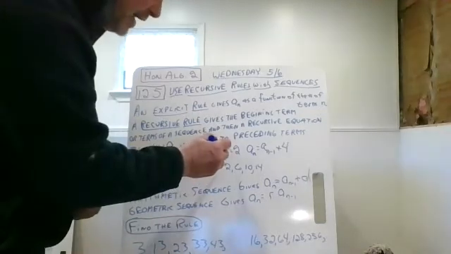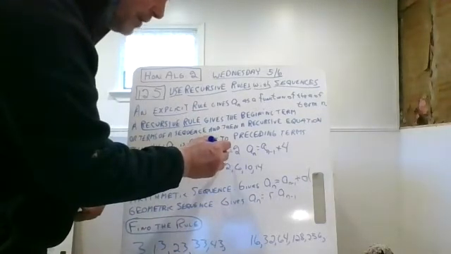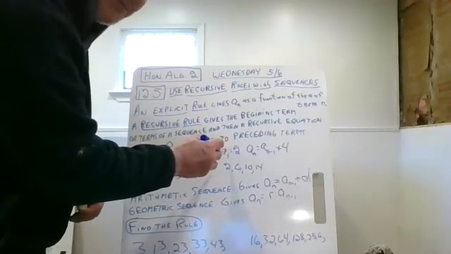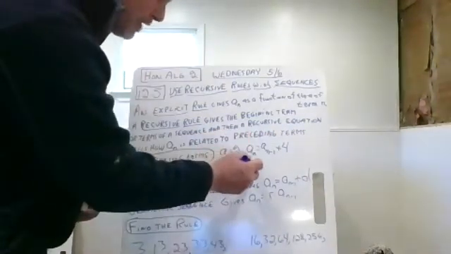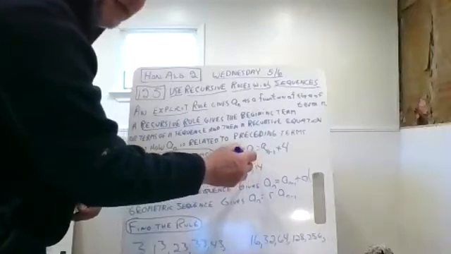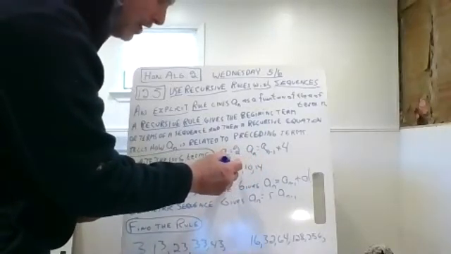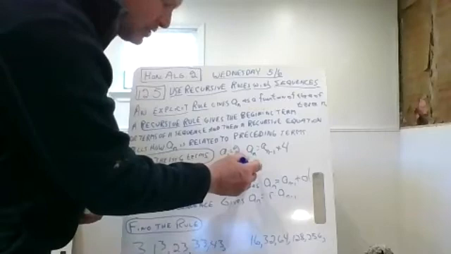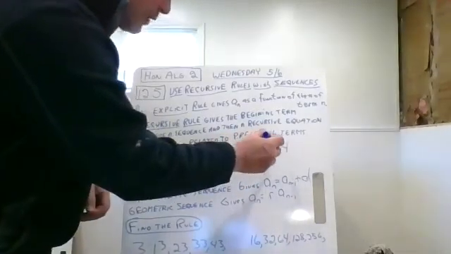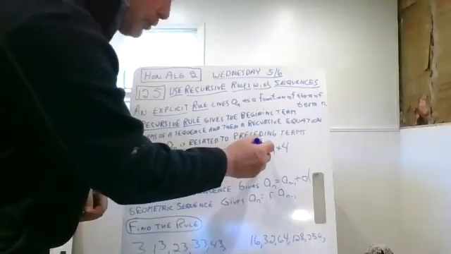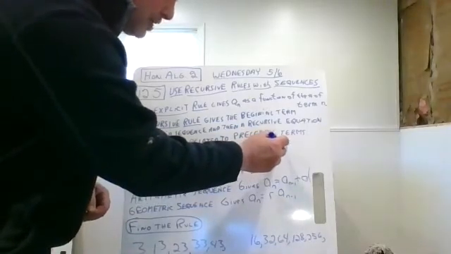So arithmetic ones are going to be easy to work with. Here you're given the term generator and you generate the sequence. With an arithmetic one, if you're given the sequence, it's going to be easy to find the term generator. It's just the previous term plus your d.